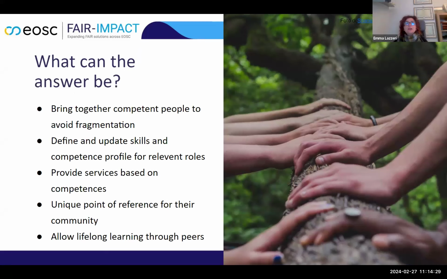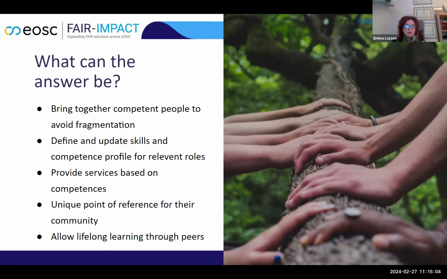So what can the answer be to all these needs? We should try to bring together competent people to avoid the fragmentation of expertise. We need to define and update the skills and competence profiles for relevant roles. So please keep in mind that everything I will say in this presentation not only applies to researchers, but also to other important roles that are around in the open science context.